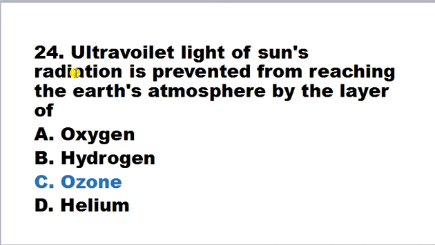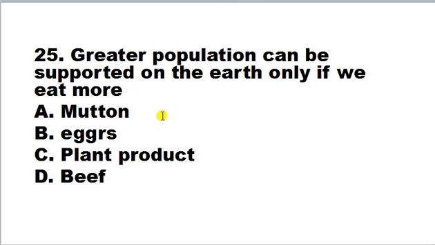So ultraviolet radiation of sun's radiation is prevented from reaching the Earth's atmosphere by the layer of ozone. Ozone is a layer that is present in the stratospheric atmosphere of the Earth. Greater population can be supported on the Earth only if we eat more muttons, eggs, plant product, beef. Greater population can be supported on the Earth only if we eat more plant products.